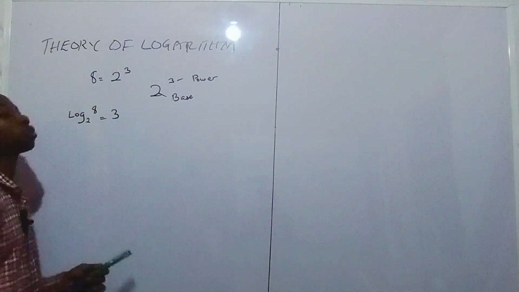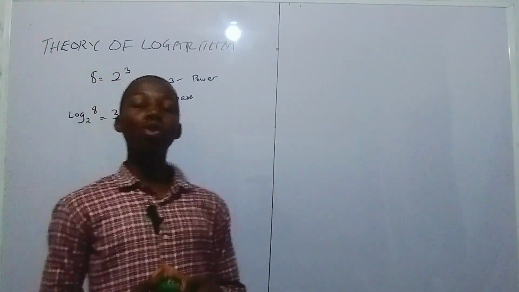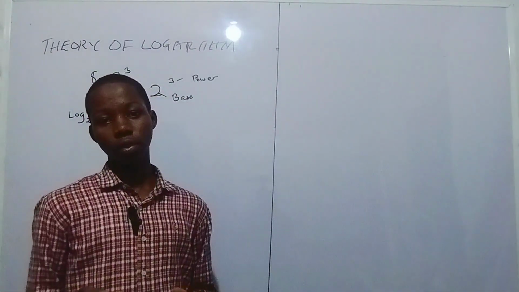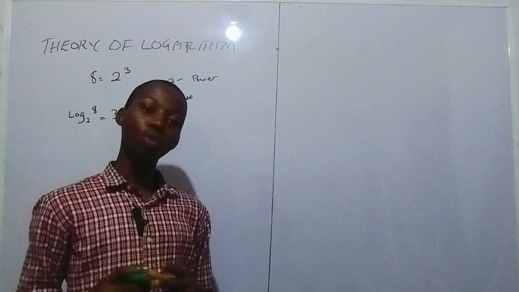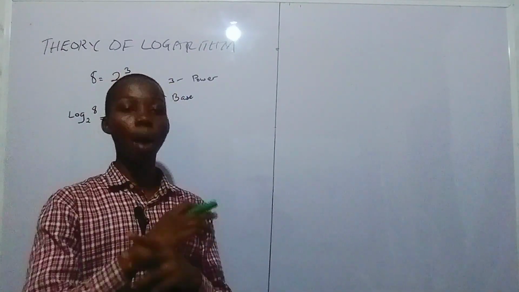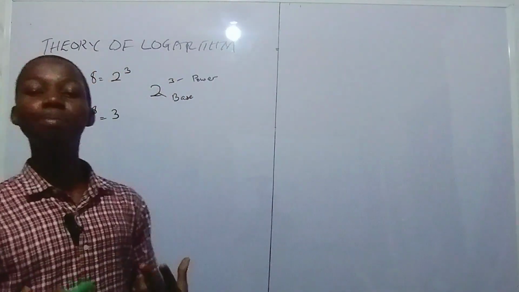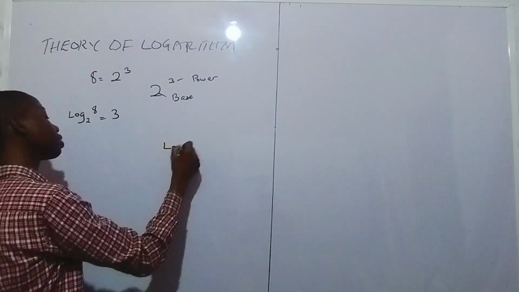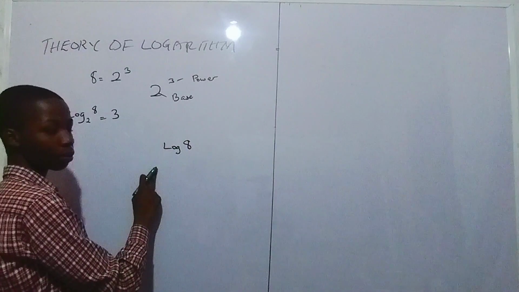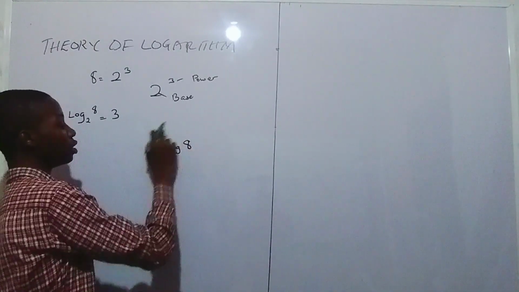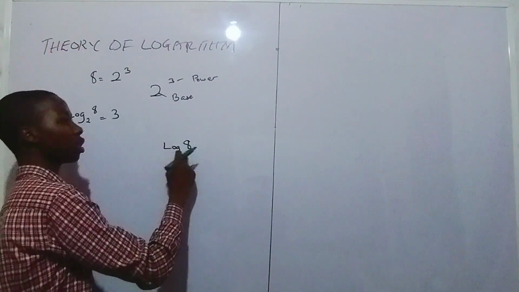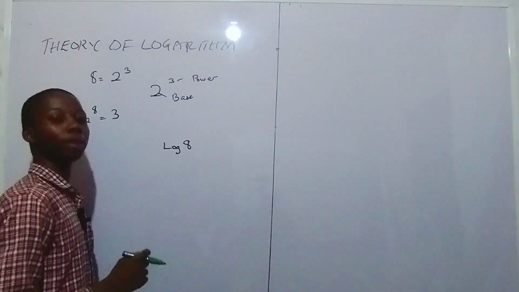A logarithmic equation. And now, as for logarithm, there is a common base, like a static base for any logarithmic function whereby the base is not indicated. If I have log of 8, now this is a logarithmic function, right? But the base is not indicated. The base is omitted.